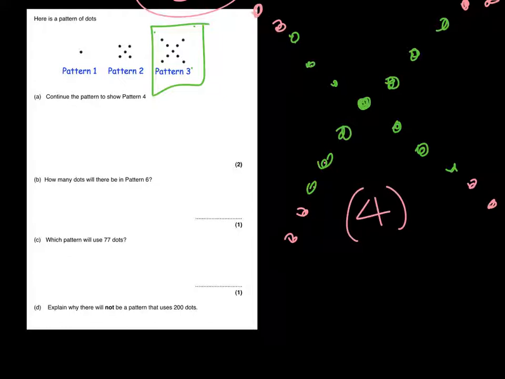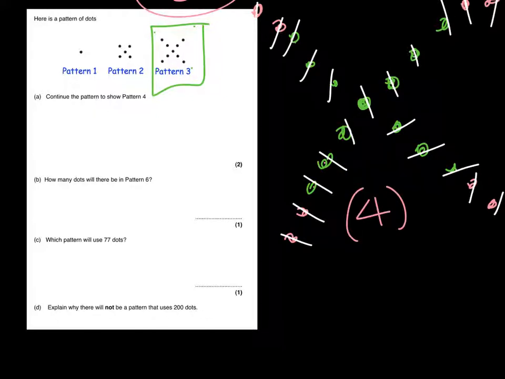So you could cheat and just use the one you've got and add another 2 dots on and then count them all up. 1, 2, 3, 4, 5, 6, 7, 8, 9, 10, 11, 12, 13, 14, 15, 16, 17, 18, 19, 20, 21.